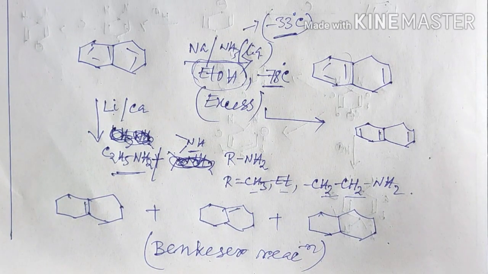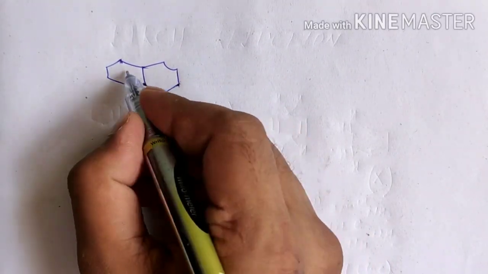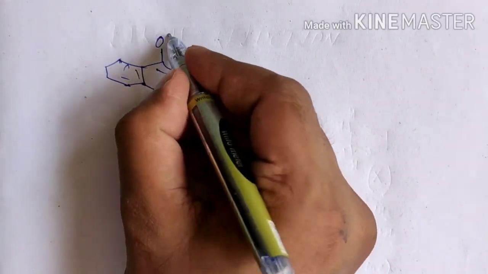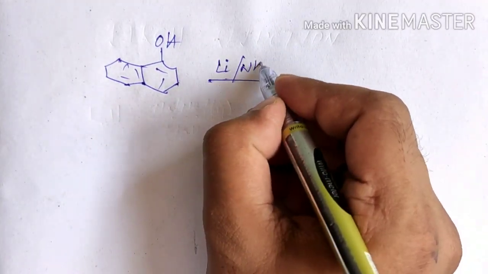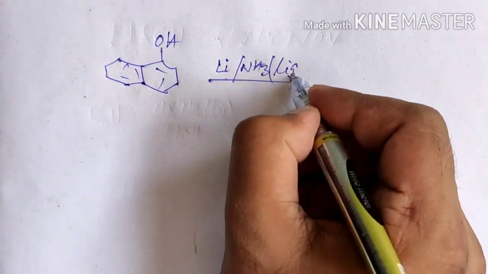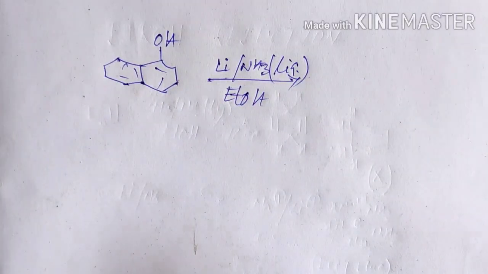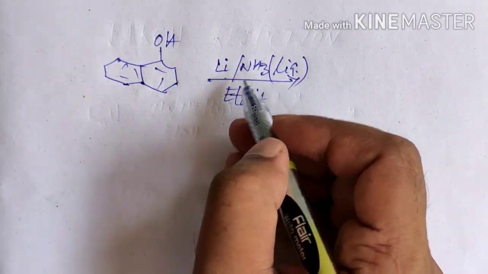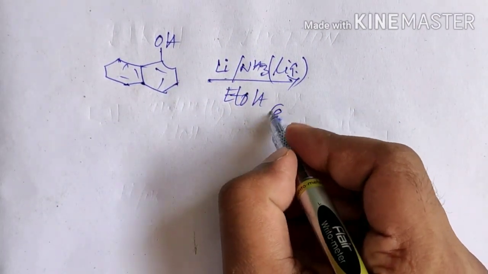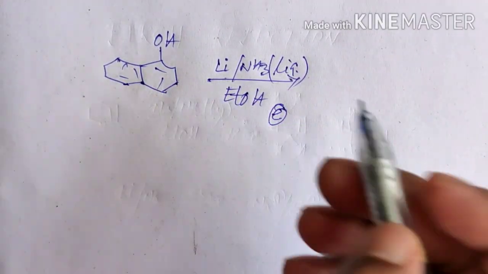Is it okay? If you are given this and you have to perform Birch reduction, then the question is which aromatic ring will be reduced. Since the reducing agent is generally an electron, it will attack one of the benzene rings.